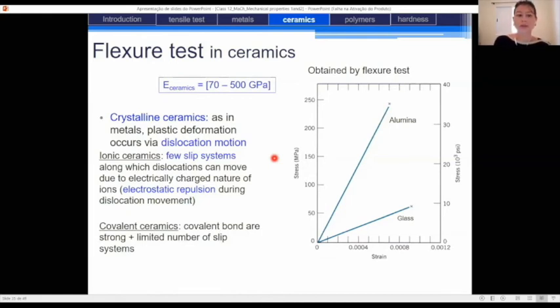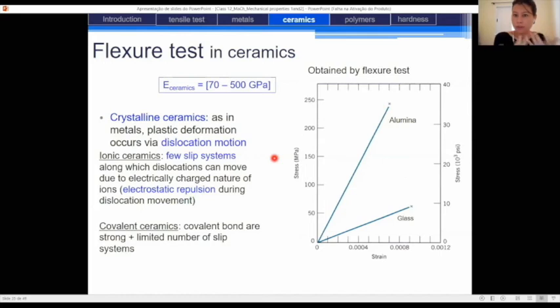In ionic ceramics, we have few slip systems along which dislocations can move. This is due to the fact that we have cations and anions that are electrically charged. During the movement of a slip, a dislocation, we will have cation and cation that will become neighbors, and anion and anion as well.